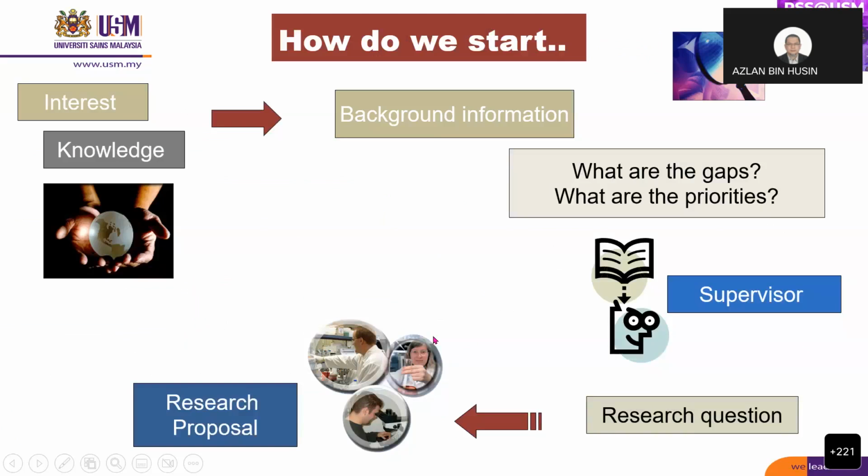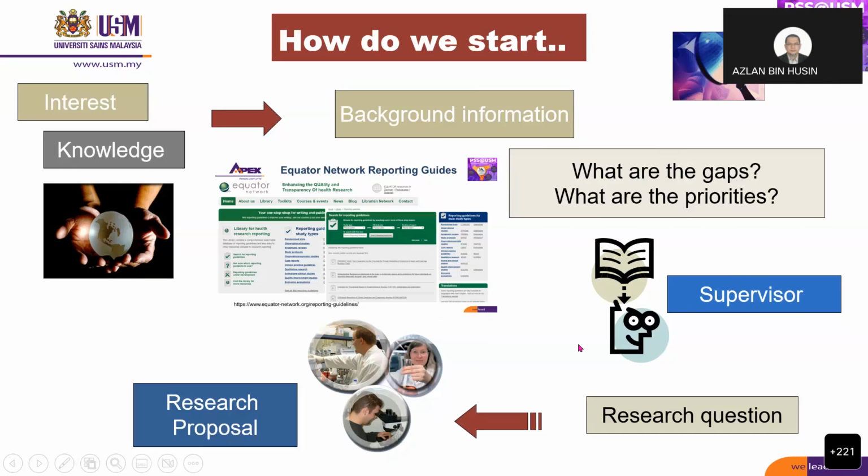Okay, so again, same thing in a different presentation: your interest, your knowledge, and then you look for background information, what are the gaps, what are the priorities set that make up the concept of your research, and the supervisor oversees and guides them on how to prepare this research question so that you can prepare the research proposal.